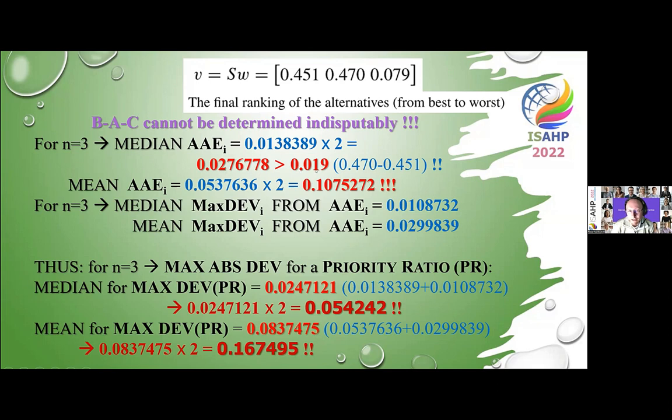So my opinion in this case is that this example is based on somewhat fallacious assumptions. This is not evidence for 100%, because in AHP we always take these priority ratios in the priority vectors as given, as determined, as they are.